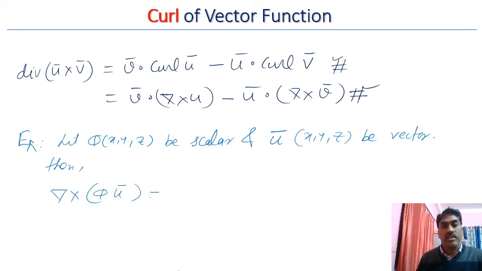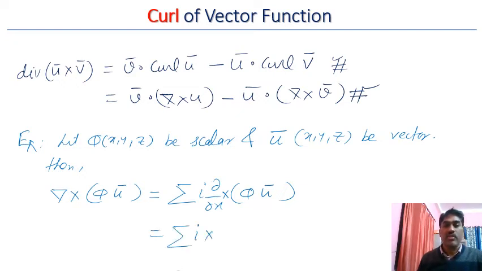So let us start our shorthand notation. You can do it in expanded form also, but this is easier. So this is sigma i del by del x of phi u cross. Del can be taken inside the bracket, so we get sigma i cross del phi by del x u plus phi del u by del x.